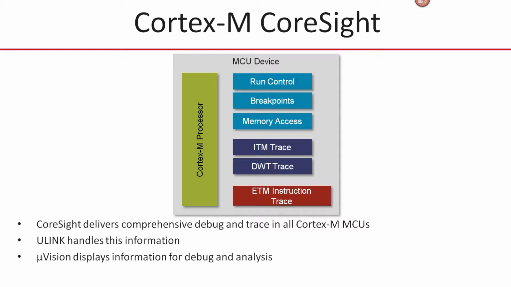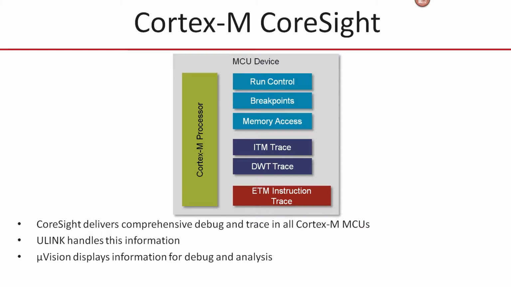While JTAG provides a nice low-cost, inexpensive way to connect to a microcontroller, it really works by simply shifting the instructions into the processor under control. So this means that you can really only get debug information by halting the processor and then using the JTAG interface to interrogate the system using the CPU itself.